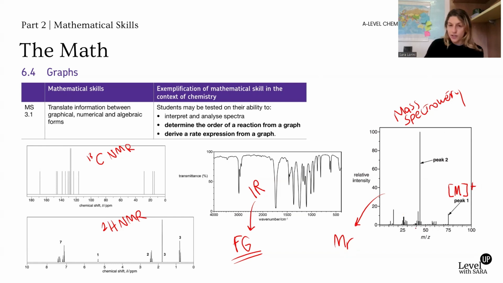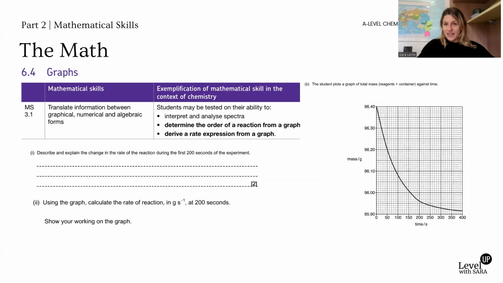We can get some structural information because the peaks are caused by fragmentation of the molecules, so we can still distinguish some structures, but it's not as useful, of course, as the carbon and the hydrogen NMR. That's why very often the spectra are used all together, so it's extremely important that you know which information you can get from each.